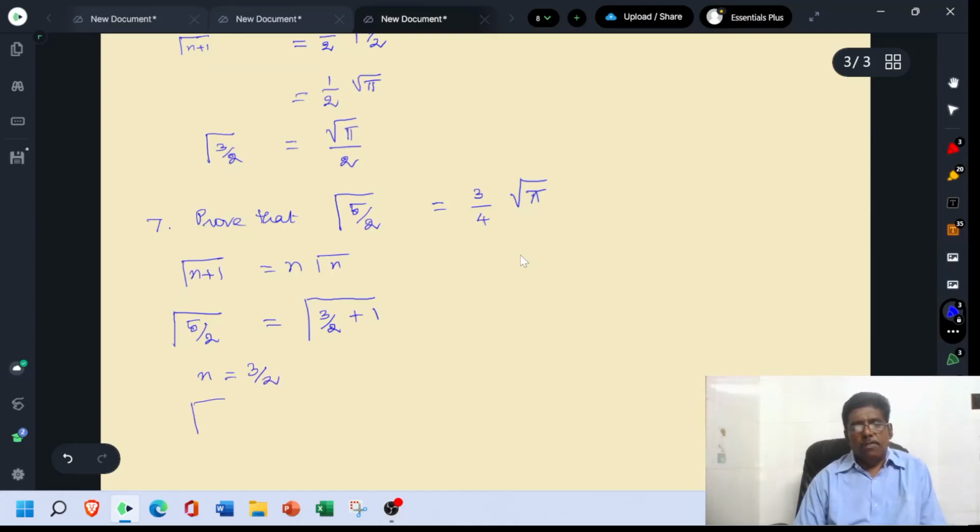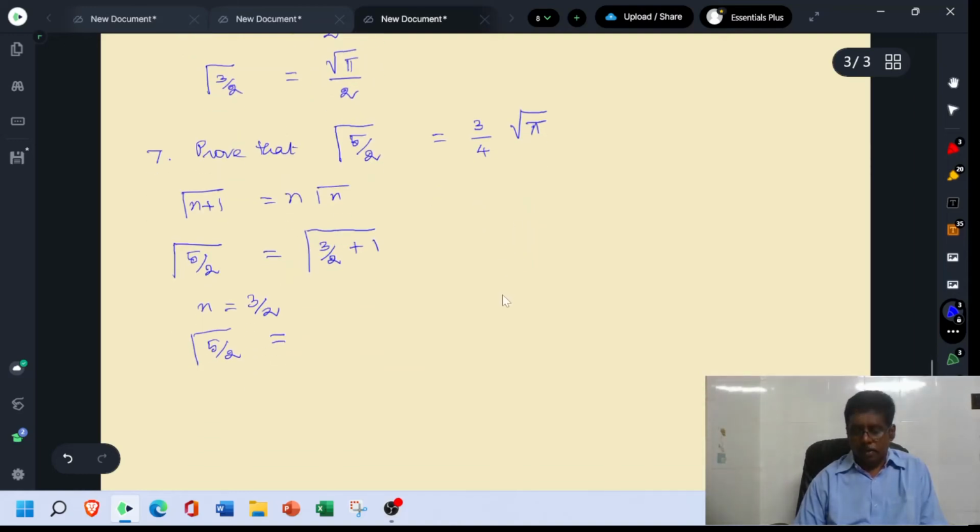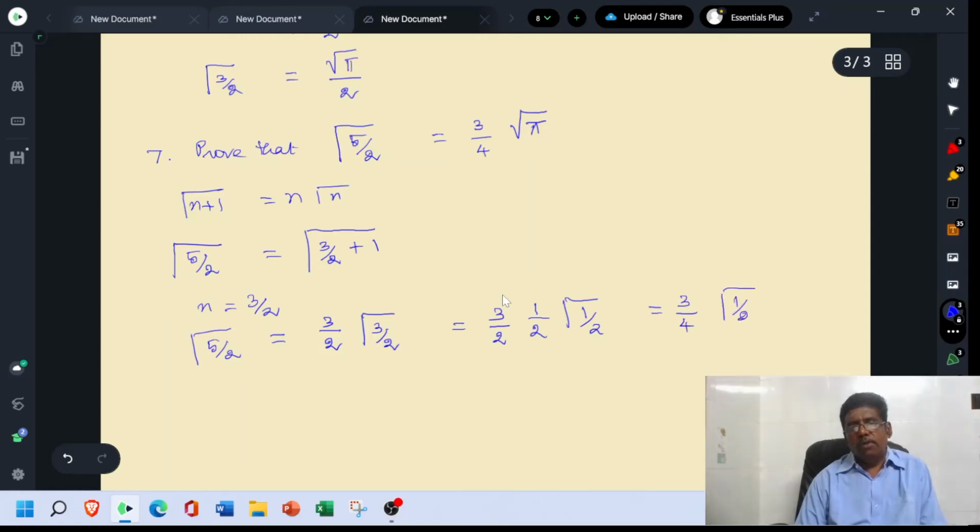Therefore, gamma of 5 by 2 is equal to 3 by 2 gamma of 3 by 2. But gamma of 3 by 2 is 1 by 2 gamma of 1 by 2. Therefore, 3 by 2 into 1 by 2 gamma of 1 by 2 is equal to 3 by 4 gamma of 1 by 2.